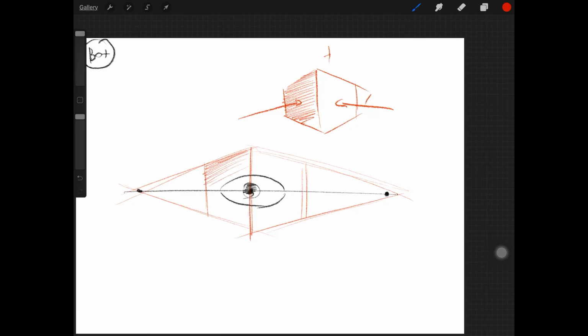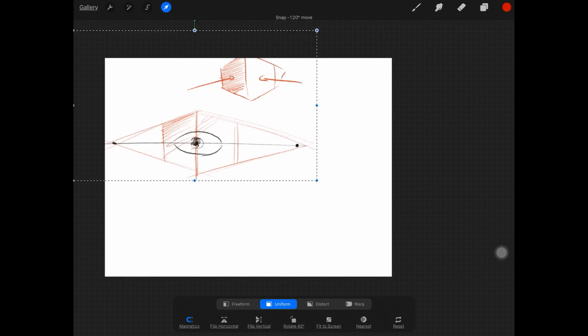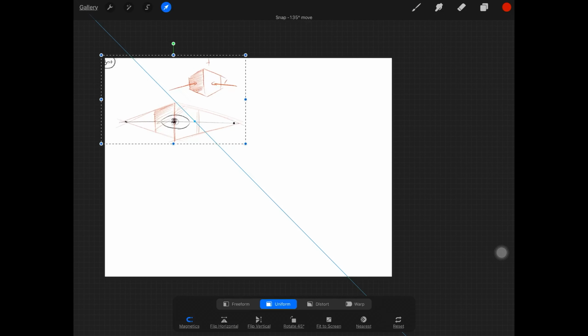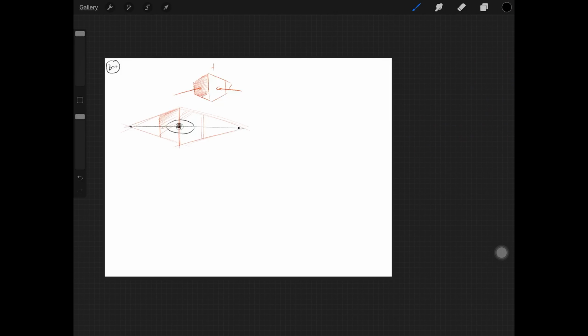Okay, all right. Now suddenly this eye decides to go up above here, and the box is at the same place, down somewhere here.